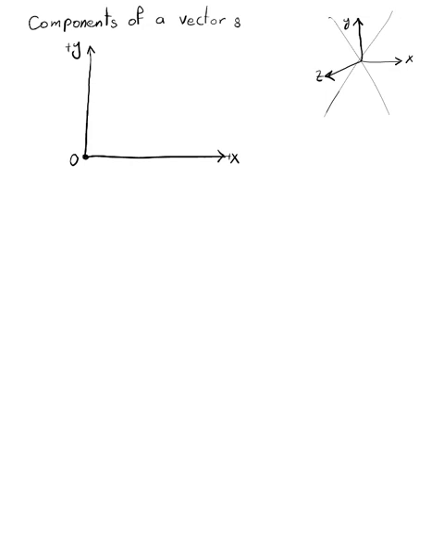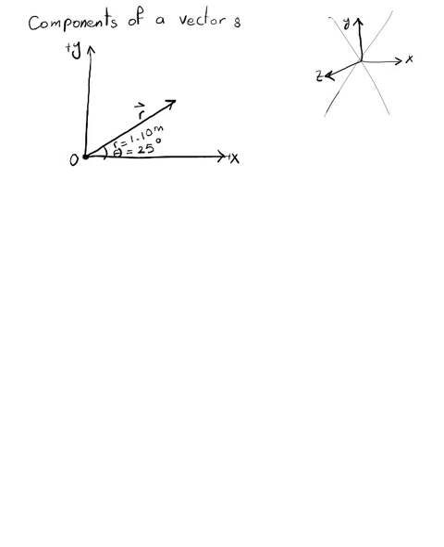So if I want to draw a vector here, I can draw vector R. If the length of the vector is, for example, 10 meters, then for the direction, I can use theta to show the angle that this vector has with the x-axis. Let's say this is 25 degrees.